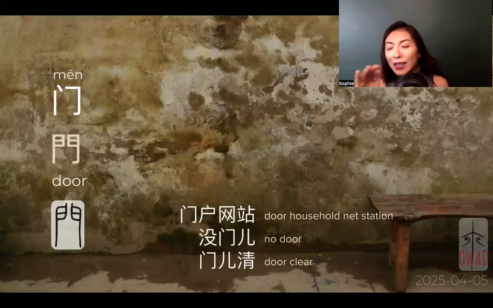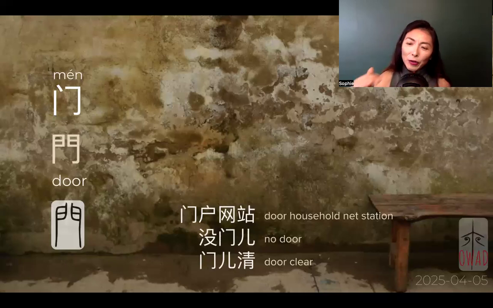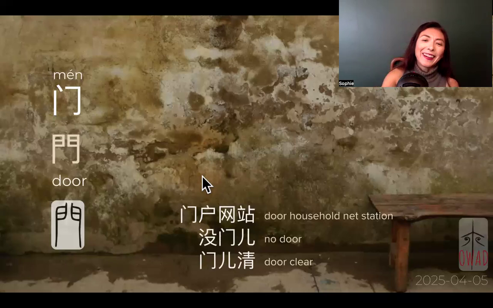In the intricate government stations, the different levels of bureaucracy in China, especially in the early days, and probably today as well, knowing whose door to knock on is essential to success in China. So 门儿清 means somebody knows exactly where to go to get what you want to achieve. So that's a very Beijing expression.